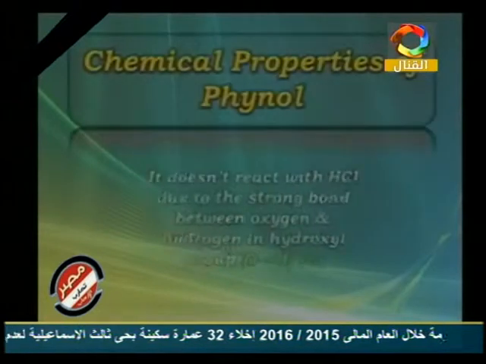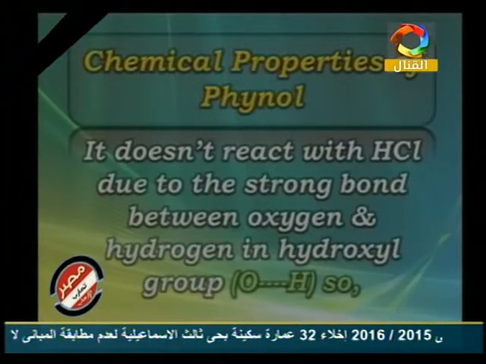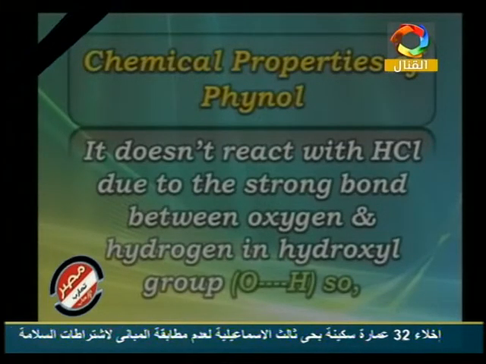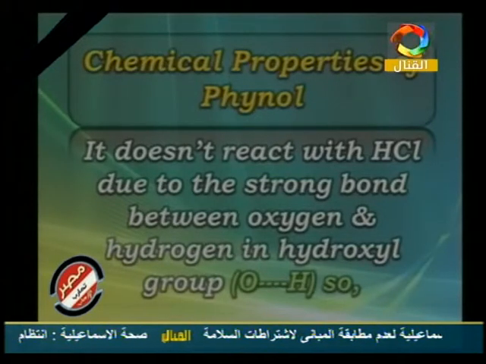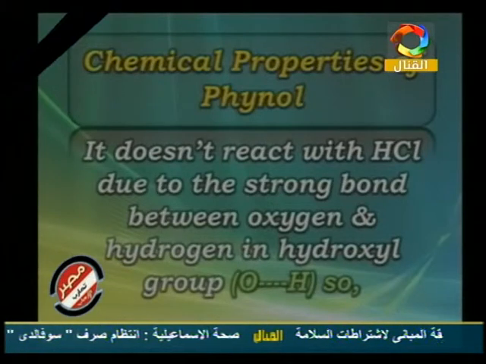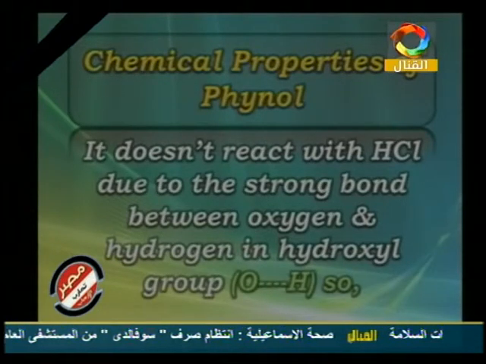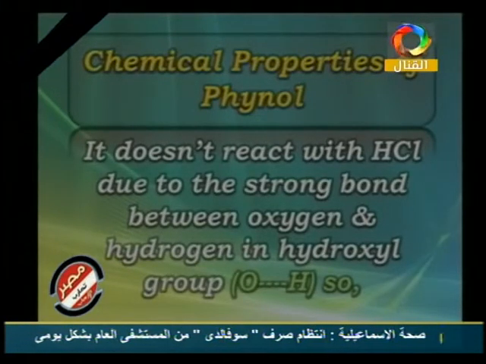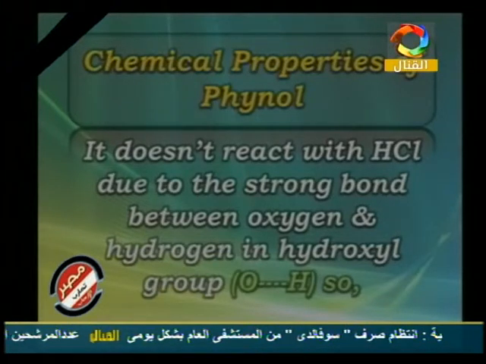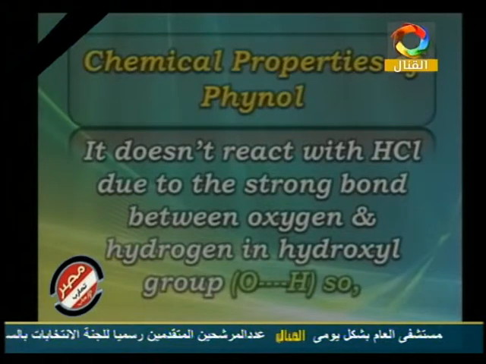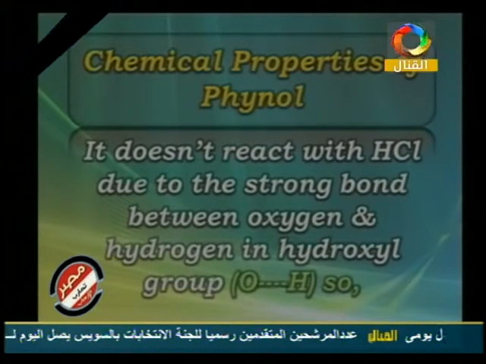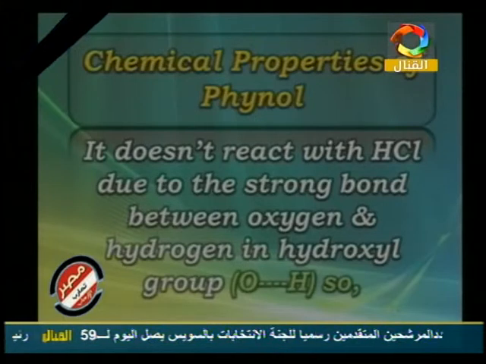We have another chemical property of phenol. It doesn't react with HCl due to the strong bond between oxygen and hydrogen in the hydroxyl group. It's completely different here. It doesn't react with HCl. Why? Because phenol has acidic property, containing a hydrogen proton that moves freely from this compound.